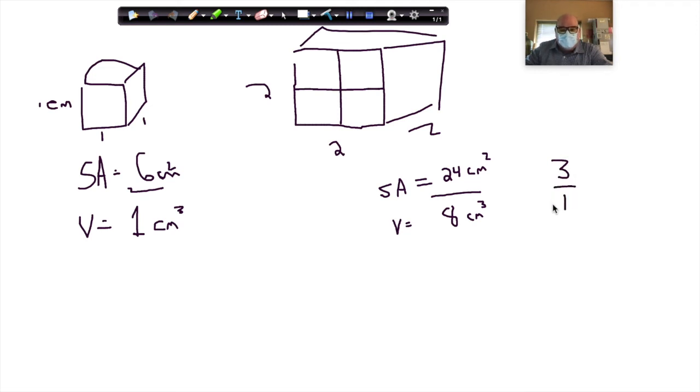So we have a surface area to volume ratio that's gotten much smaller. We went from 6 to 3. And as we keep going up and up and up in size, this ratio is going to get smaller and smaller and smaller. So big things have surface areas that are not as in proportion to their volume.